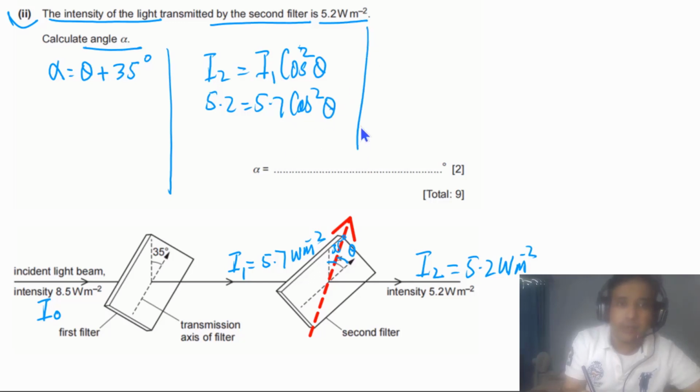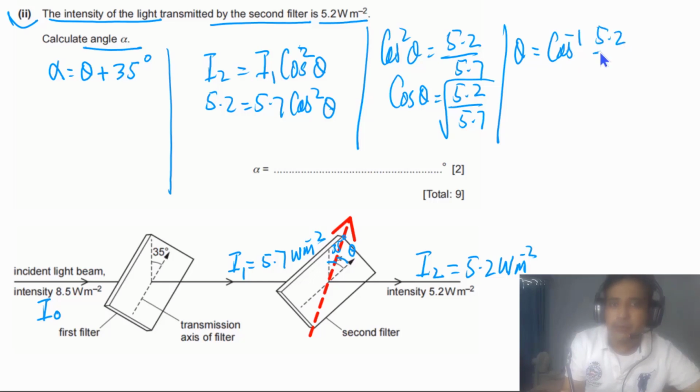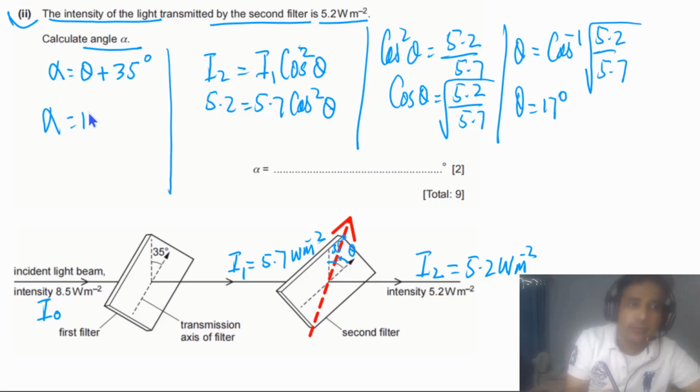So from here, cosine square theta will be equal to 5.2 divided by 5.7. Then we can take the square root on both sides. Theta will be equal to cosine inverse of the root of 5.2 divided by 5.7. If we solve this, we will get theta equal to 17 degrees. So alpha from here will be equal to 17 plus 35 degrees.